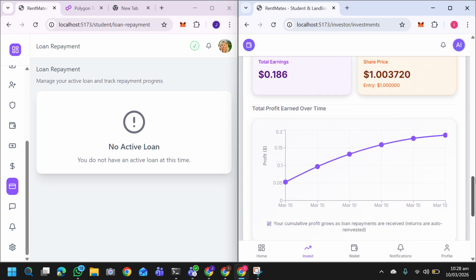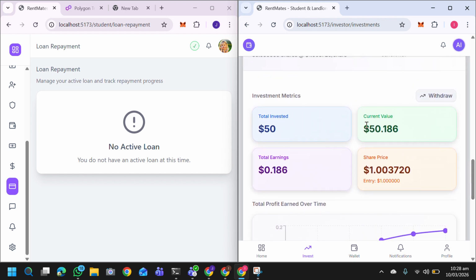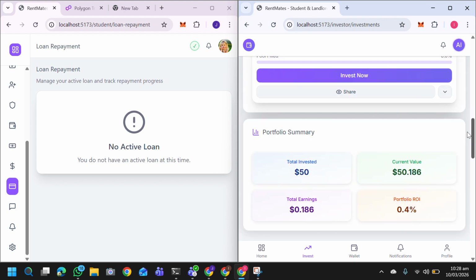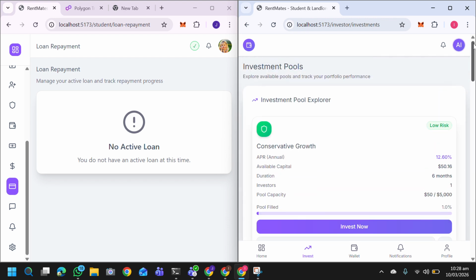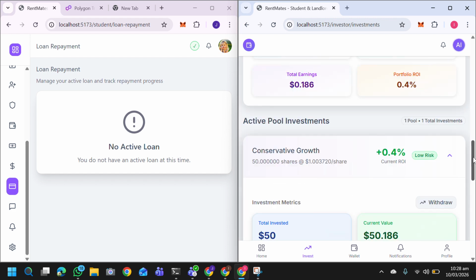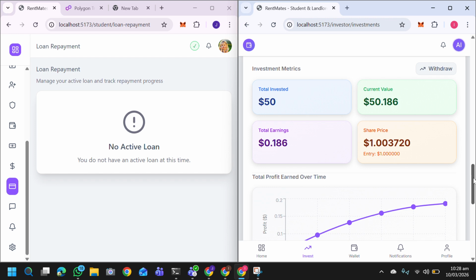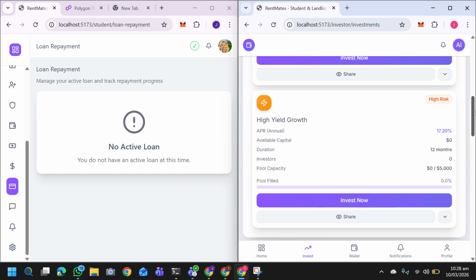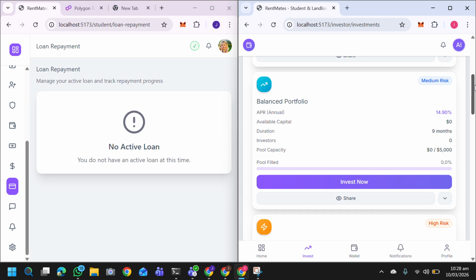The current share value stands at 50.184. This is the current value, and he can withdraw 50.16 as well. I mean his current share value stands at 50.18, but he can withdraw 50.16.